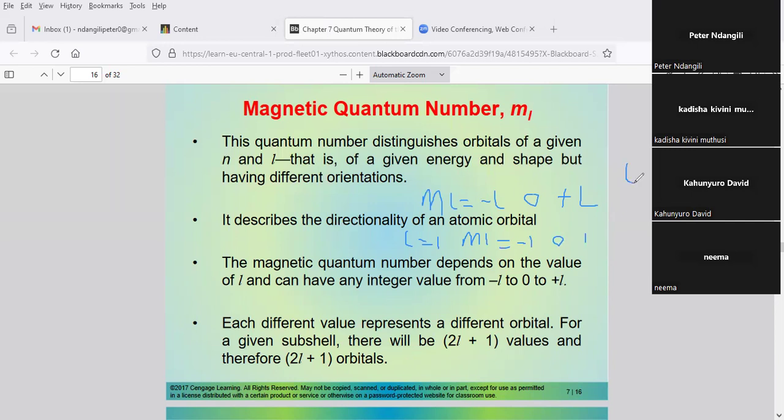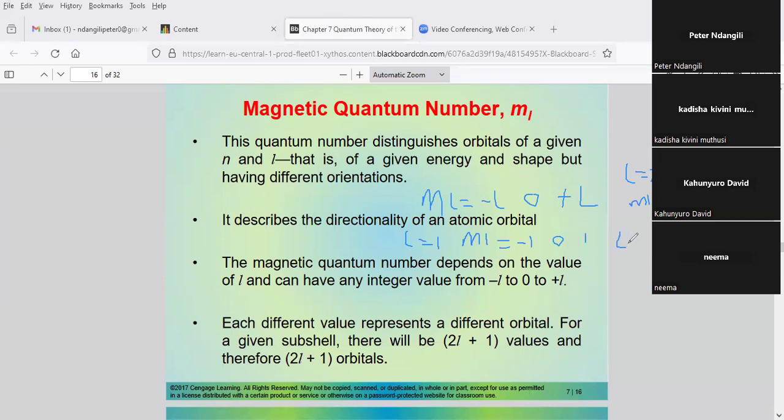If L is equal to 2, are you able to see where I'm writing? Yes. If L is equal to 2, then the ML values will be negative 2, negative 1, 0, 1, and 2.